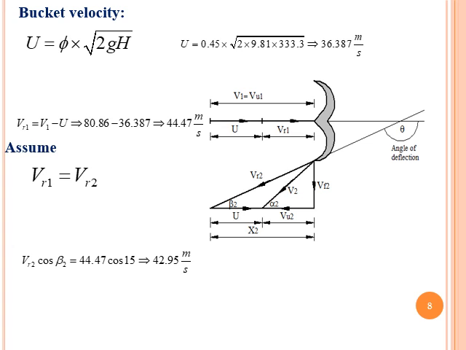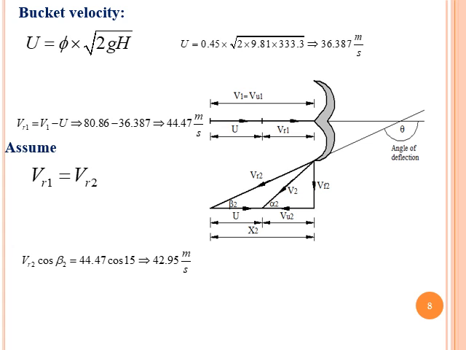So now from the exit velocity triangle, I want to calculate the value of x2. So x2 is calculated by using the trigonometric relations. Cos beta 2 is equals to x2 by VR2.